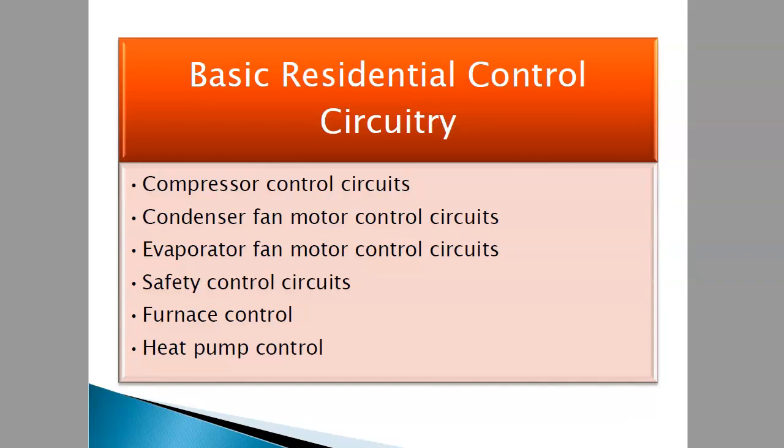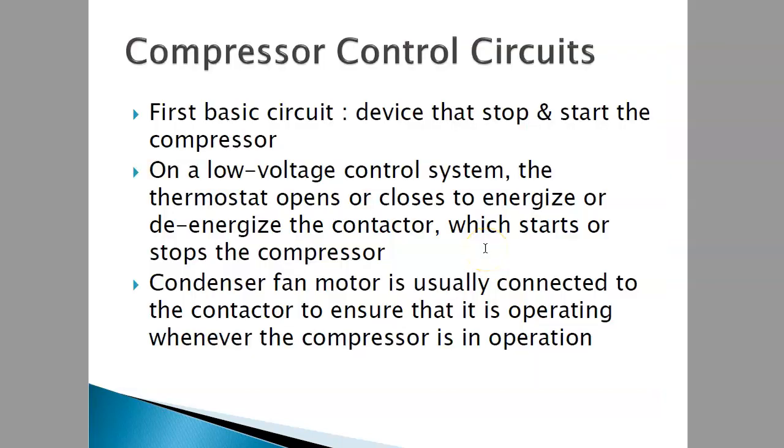What are the control circuits in a basic residential system? Basically, we have the compressor control circuit, condenser fan motor control circuit, evaporator fan motor control circuit, safety control circuit, furnace control, and heat pump control. The compressor control circuit is the first one. It is the first basic control circuit, a device that starts and stops the compressor. This is not an inverter.